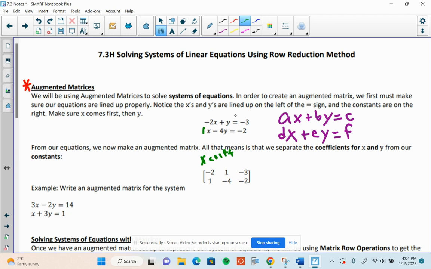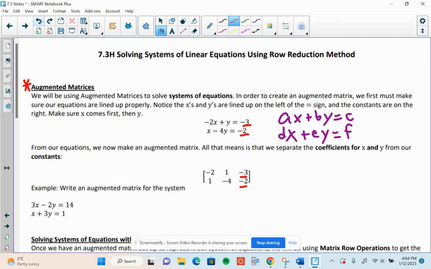And then in the second column, we have the coefficients of y. Notice that's 1y. There's the 1. Okay. There's a -4. So those are the coefficients of y. So we have our x coefficients, we have our y coefficients, and then we have our constant terms. Notice where they are. -3, and then the -2.